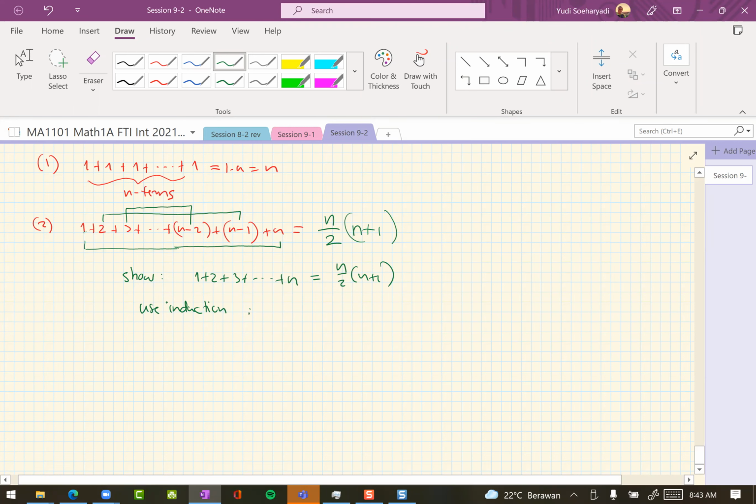For induction, first check n equals 1. The left hand side is just 1. Right hand side, if you plug in 1, then you get 1 times 2 over 2 equals 1. They're equal. Okay, that's correct for n equals 1.